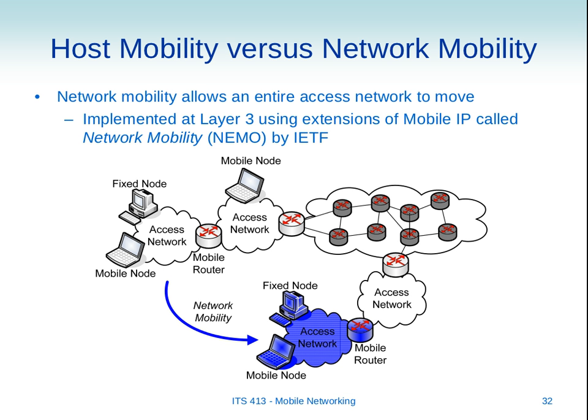As a result, we need a mobile router. So this router that moves as part of the subnet is called a mobile router. And we may have mobile nodes attached to that, and we may have fixed nodes. Fixed node means it's not necessarily always in the same position, but it's fixed on that access network.